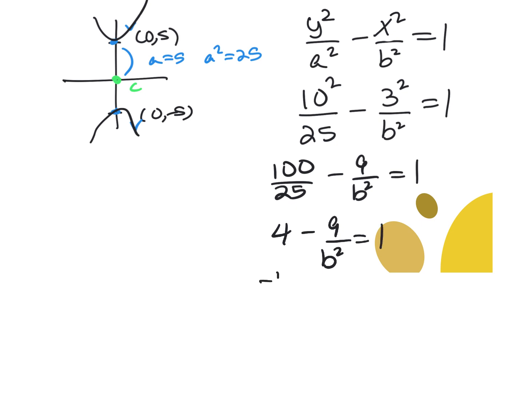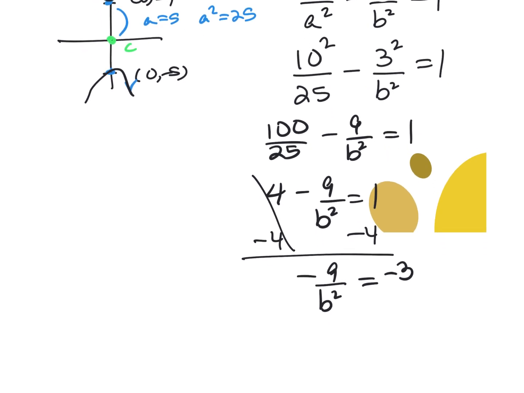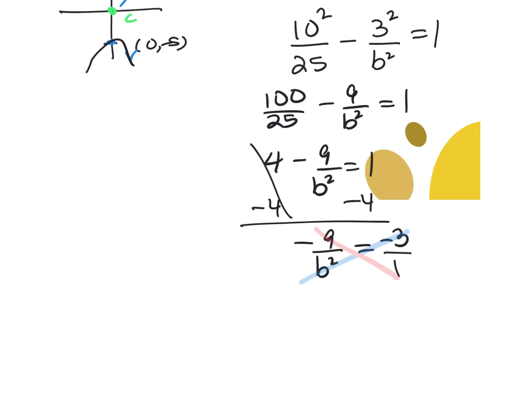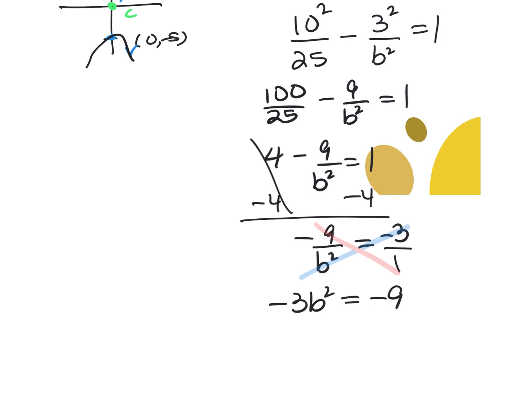I can subtract 4 from both sides. Negative 9 over b squared equals negative 3. And then I'm going to solve this as a proportion. I'm going to add a 1 under the negative 3. And then I'm going to do the cross products. So then I get negative 3b squared equals negative 9.